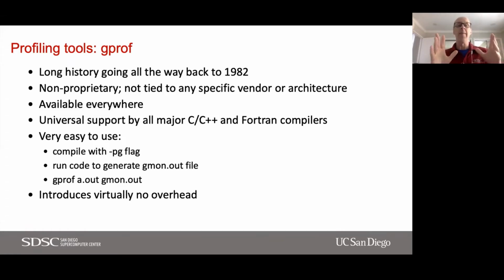gprof has a really long history. It goes all the way back to 1982, which to me is just mind-blowing, because in the computing and technology space, 1982 is so long ago. That's 40 years old, and gprof is still one of the most useful tools out there. In fact, it's usually the first thing I go to when I'm profiling a code. It is non-proprietary.